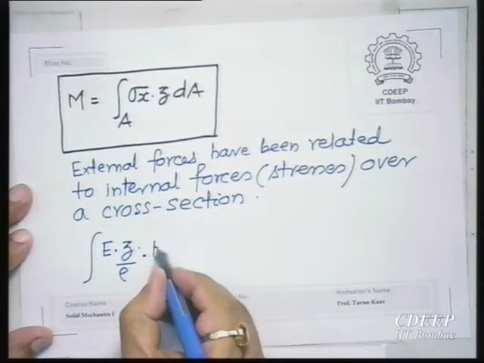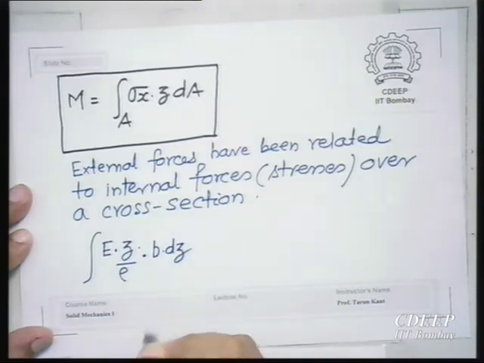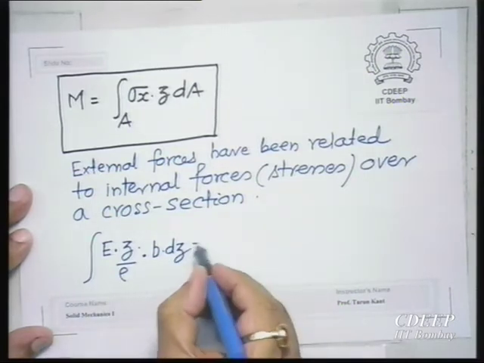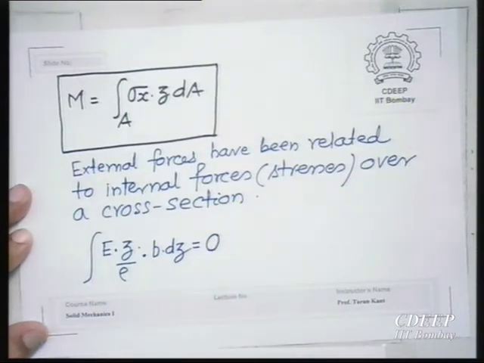Area is b into dz. This one is equal to 0. This integral must be 0.